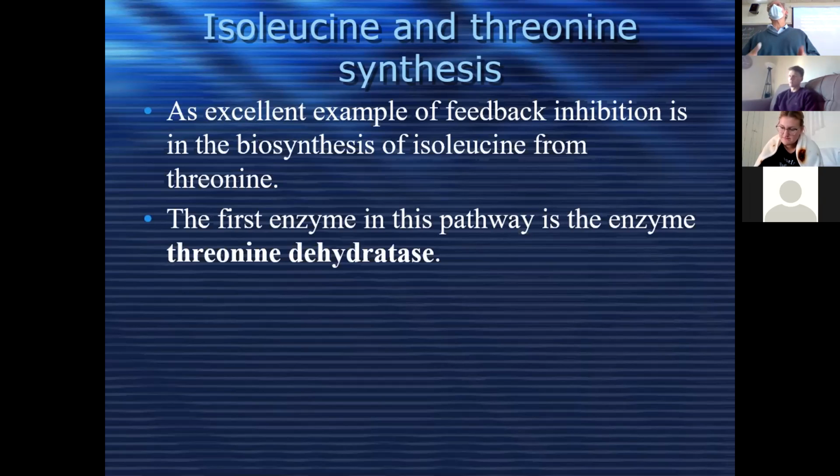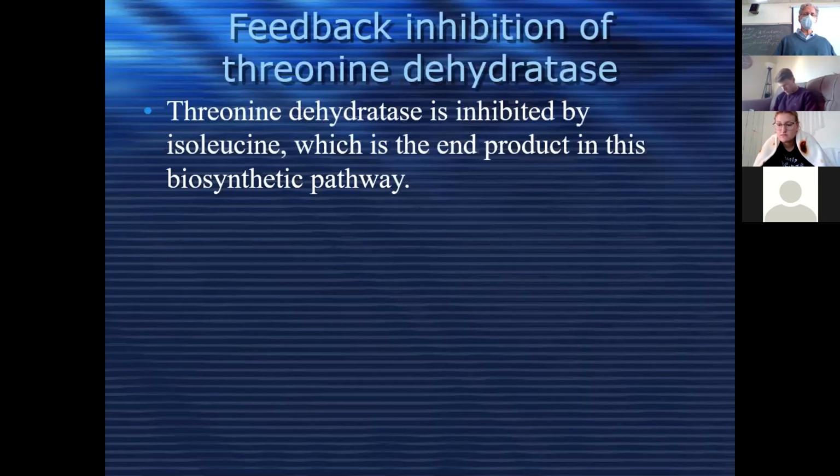And then alpha ketobutyrate is a substrate for another enzyme, acetohydroxy acid synthase. And then there's another one that works on another. I just don't want to read you the riot act on that. This is the first step in the synthesis of isoleucine. So if isoleucine builds up in concentration, you have more isoleucine than you need. Isoleucine will feed back, inhibit threonine dehydratase.